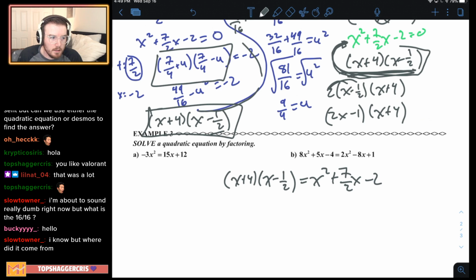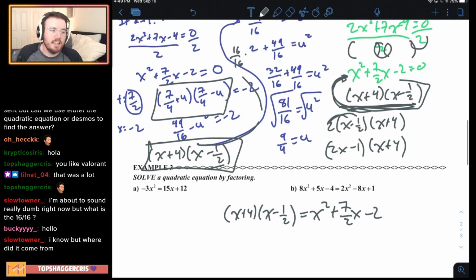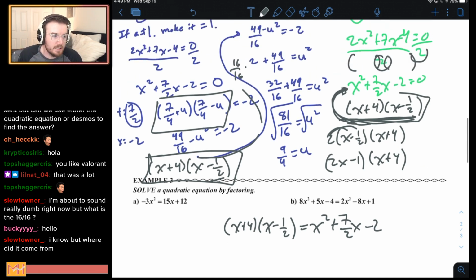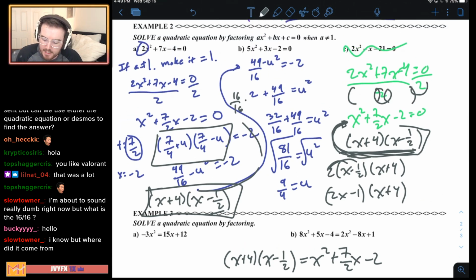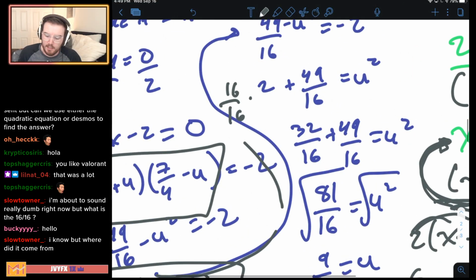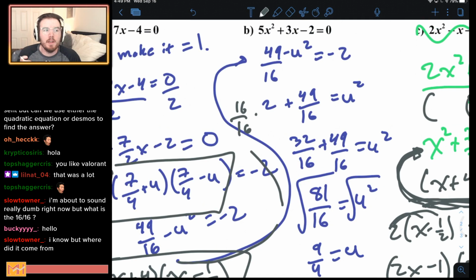What is the 16 over 16? Gotcha. I'm getting a common denominator, right? This is 2 over 1, so 32 over 16.